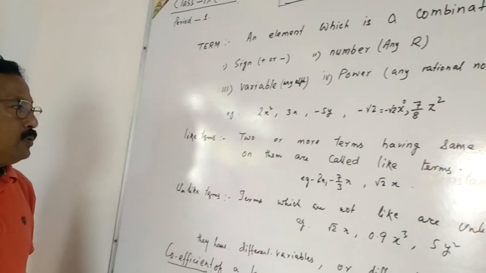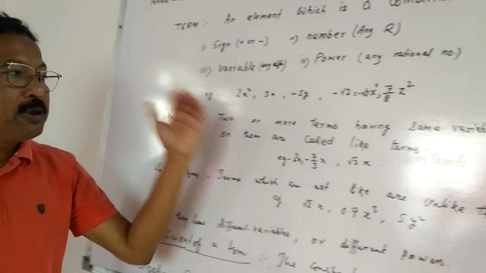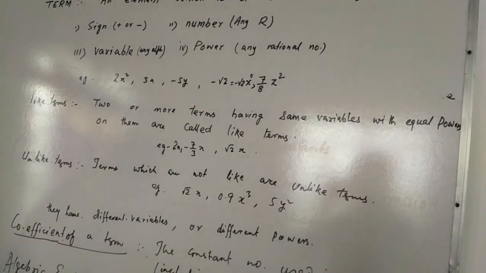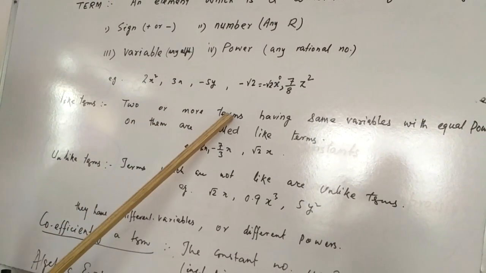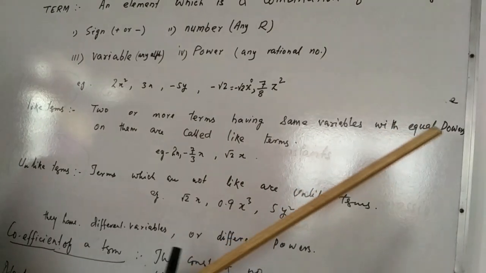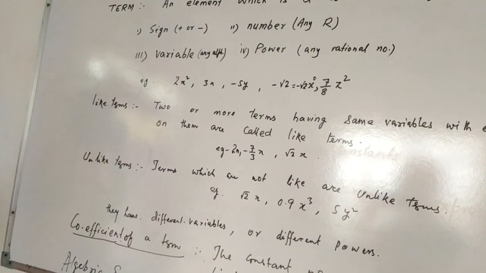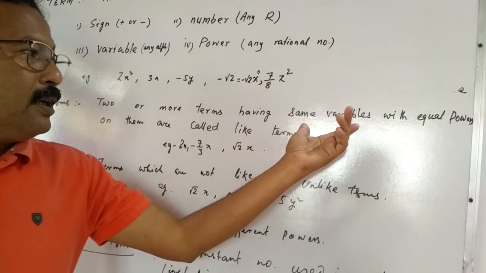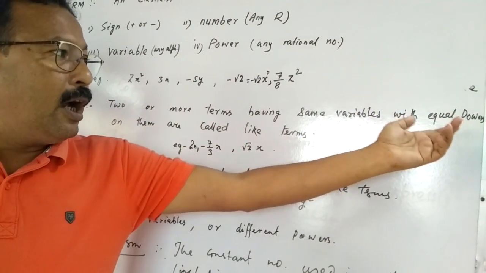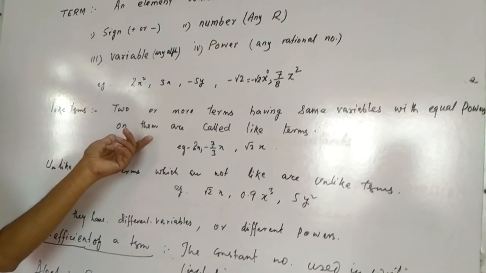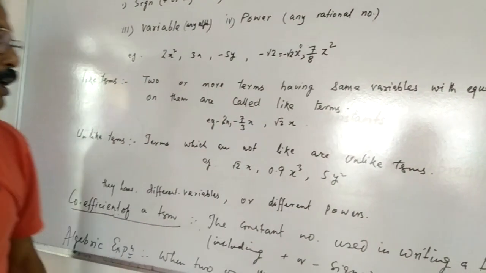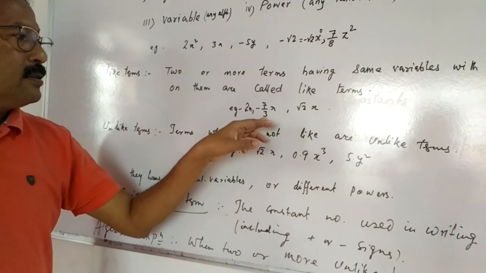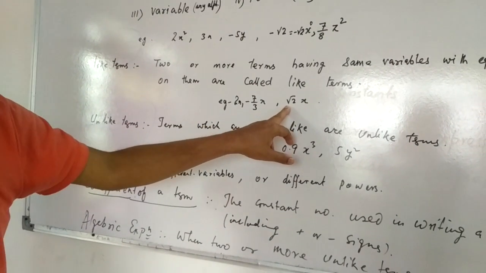Now come to what are like terms. Two or more terms having the same variables with equal powers on them are called like terms. 2 या 2 से ज्यादा टर्म जिनके पास एक ही वेरिएबल होना चाहिए, और उनके पावर्स भी इक्वल होने चाहिए. तो ऐसे टर्म्स को लाइक टर्म्स कहेंगे। You can see here 2x, minus 7/3 x and root 2 of x.